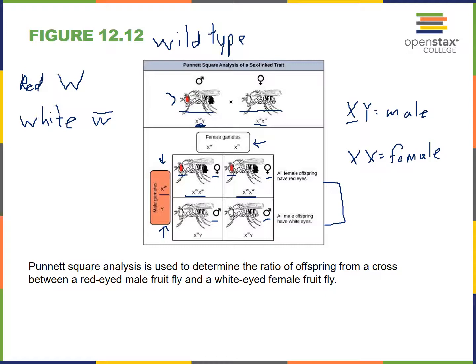The males, however, got their X from their mom, and they get their Y from their dad. And the mom only had X little w, which gives you white eyes. So that's why both of the males ended up with white eyes.